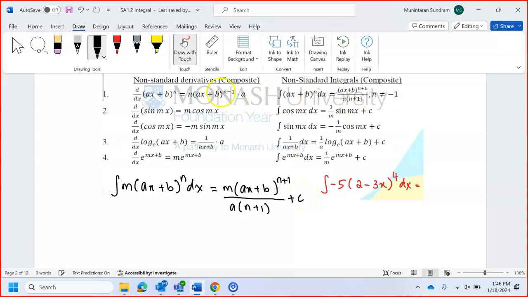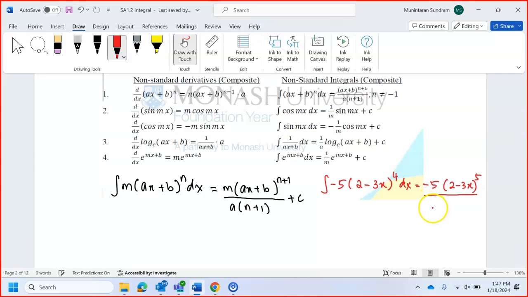Can we look at the example then? -5 stays -5, 2 minus 3x, 4 plus 1 is 5, divided by, what is the coefficient of your x?